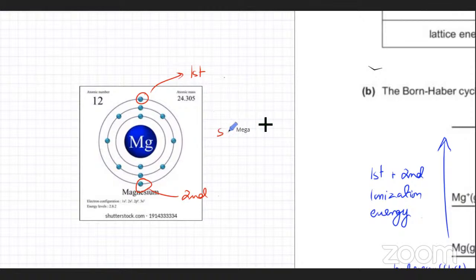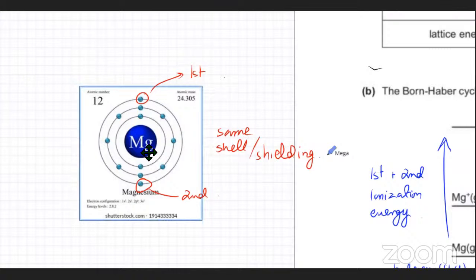Electrons are being removed from the same shell. So what are the factors that actually affect ionization energies? You've got proton numbers. That's not a factor because it's the same atom. The distance kind of looks the same. You've got the same shells and the same shielding. So removing the electrons would require almost the same energy.